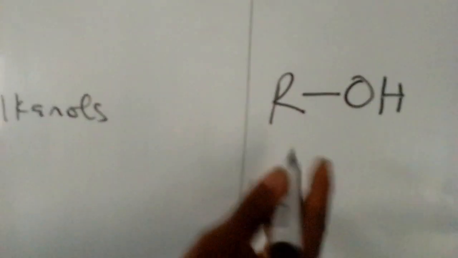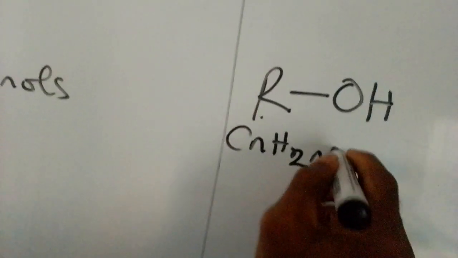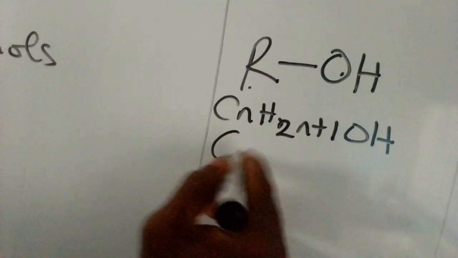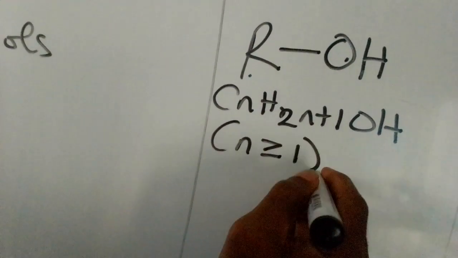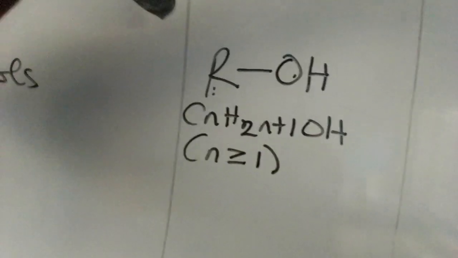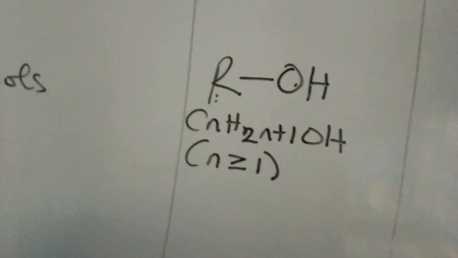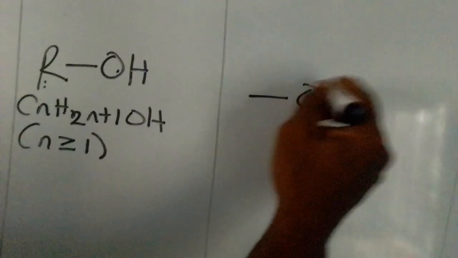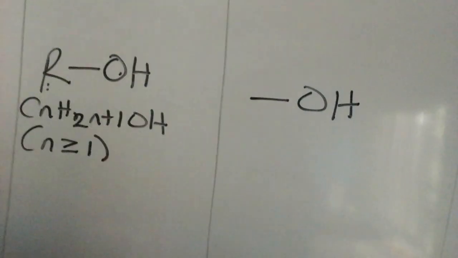Also remember that R is CnH2n+1, and then bring in OH. So this and that are equivalent, where n also starts from 1, because this is the alkyl group. To get the functional group, detach the alkyl group as you did in this one. Remove the alkyl group, and what remains is OH, that's the reactive group or functional group of the compound.